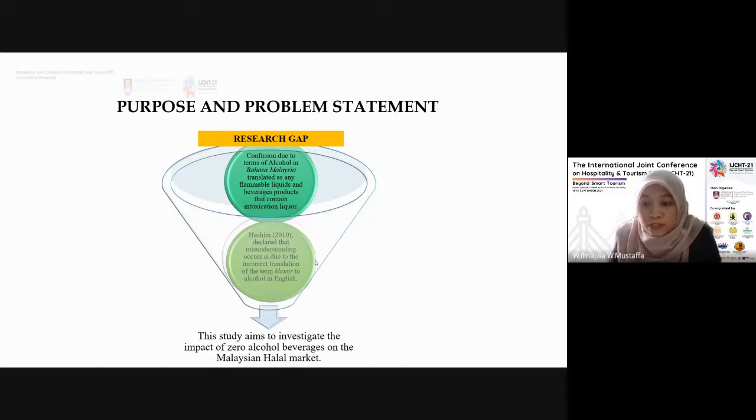This view is also supported by Hashim 2010, who writes that the misunderstanding occurs due to the incorrect translation of the term hamar to alcohol in English. Hence this confusion of terms raises the issue of whether 0% alcoholic beverages are free from alcohol and consumable for Muslim consumers. This study aims to investigate the impact of zero alcohol beverages on the Malaysian halal market.